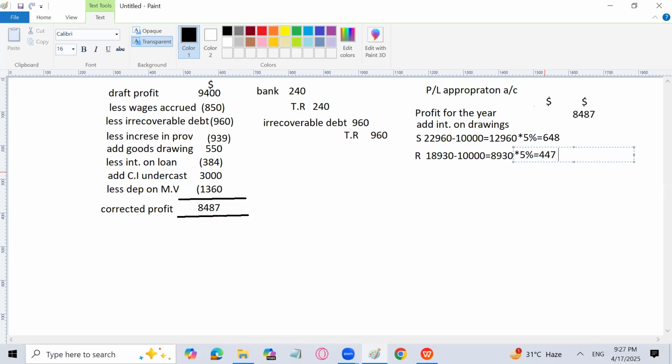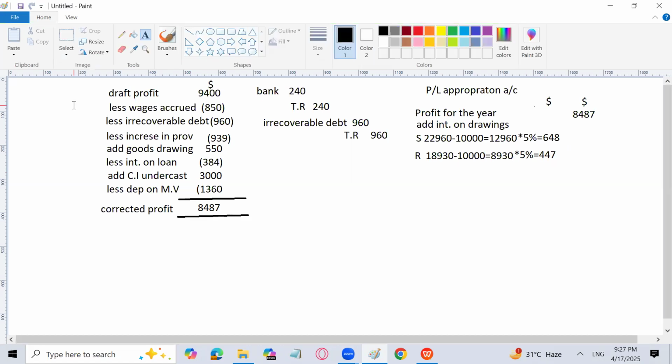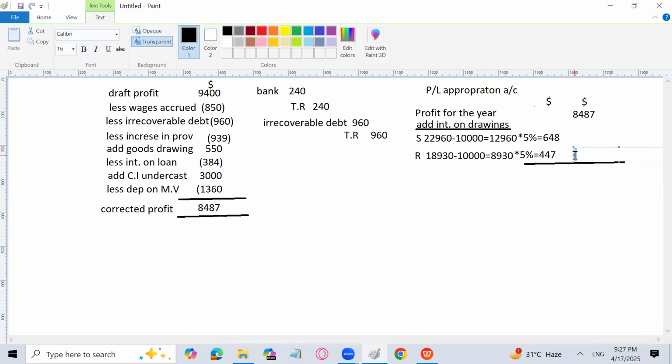Now you can add them up. That is going to be the interest on drawings for both partners, and that is going to be added in the profit for the year. So how much is the amount? 648 plus 447.